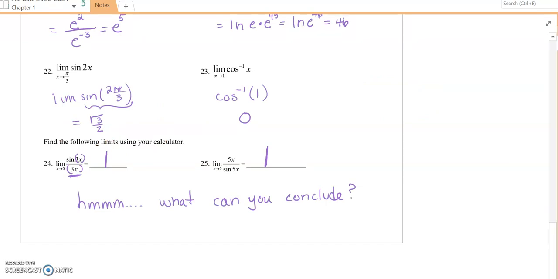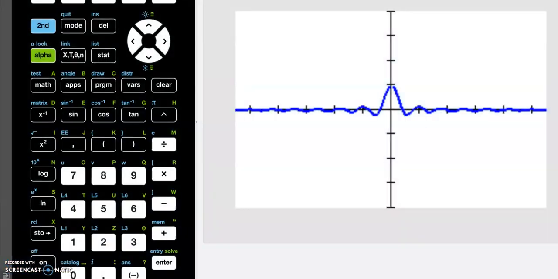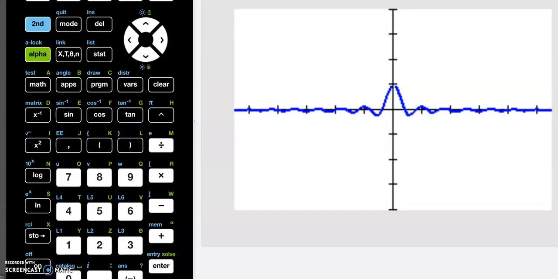So I want to refresh your memory back on day 1. I said, what can we conclude? And we looked at this situation and we had to make some decisions on it. So I want to go back and revisit that. I still have that graph from the other day in my calculator.